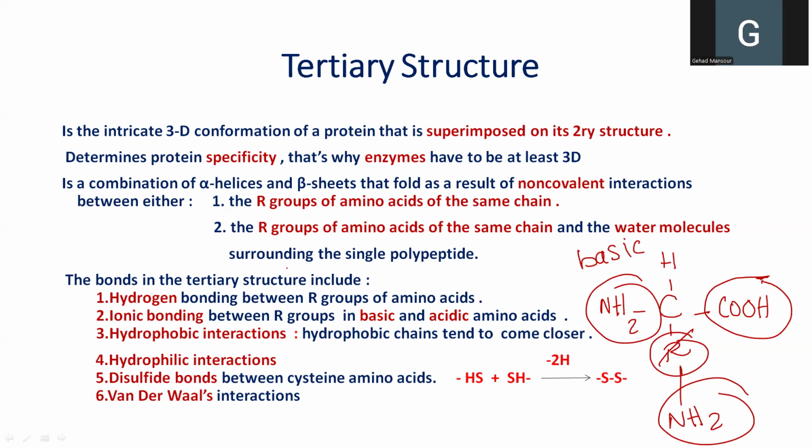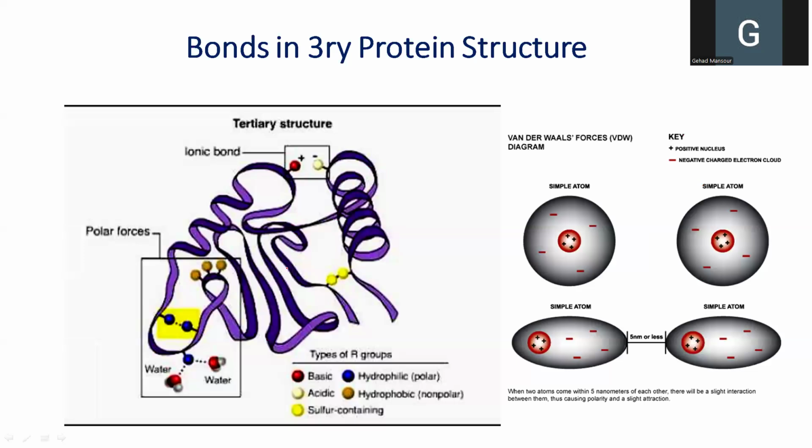Let's look at the diagram here and see the types of bonds. So, for example, here the red sphere stands for a basic group like the NH3 group, and the off-white sphere here is acidic. So we all know that the basic is the NH3 after having acquired the proton, and that the acidic is COO after having lost the proton.